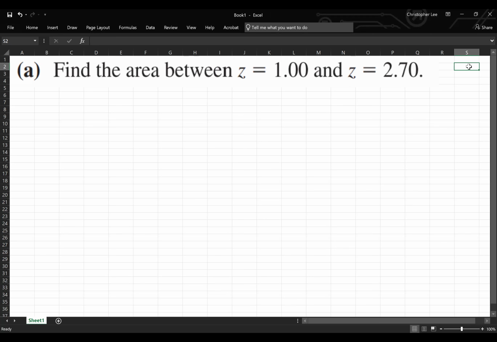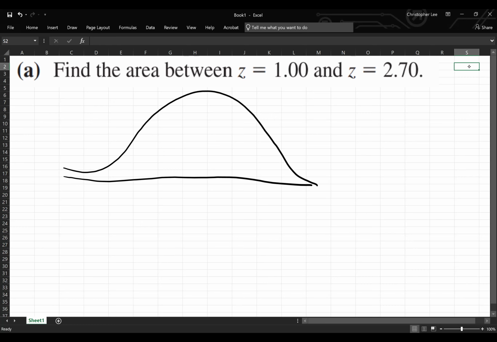All right. So this was the last example that we did, right? We want to find the area between z equals 1.00 and z equals 2.70. So we said that we have a distribution like so, where in the middle is our mean, which is at 0.